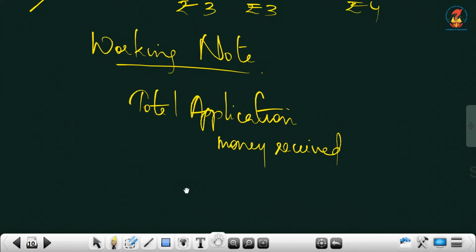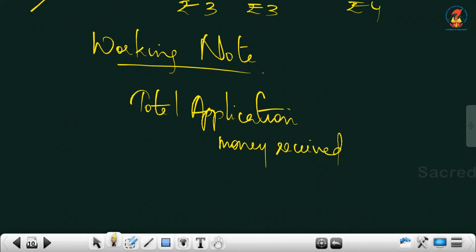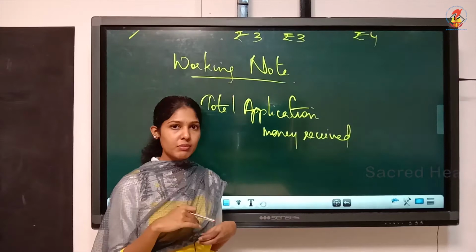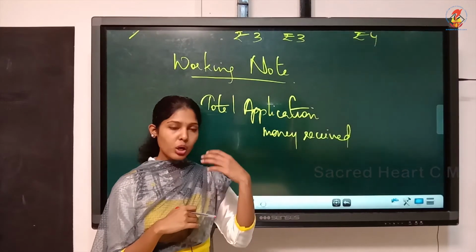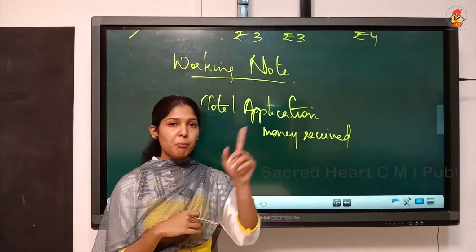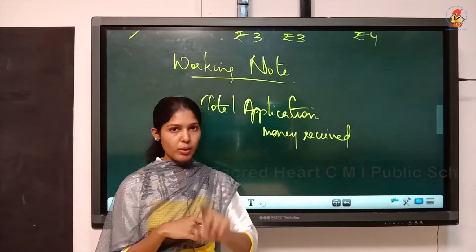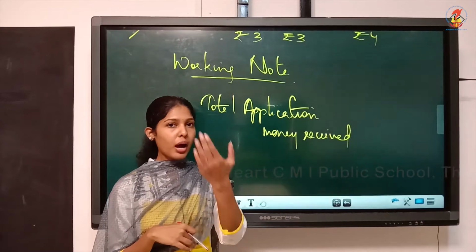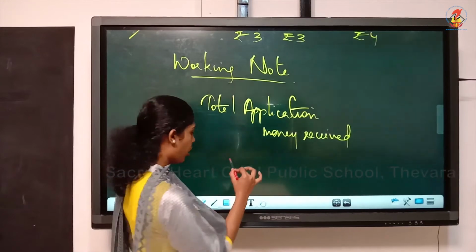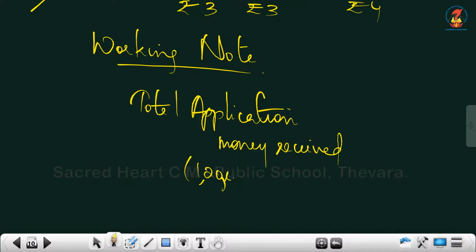On how many shares are you receiving the application money? Is it on 1 lakh shares? No. Public had applied for 1,20,000 shares. So you are getting application money on 1,20,000 shares. You have to multiply it by per share.